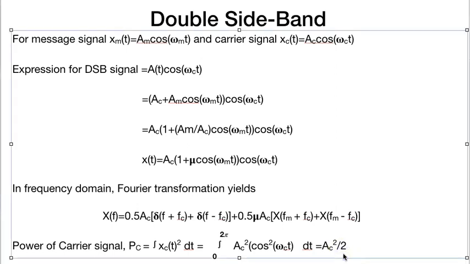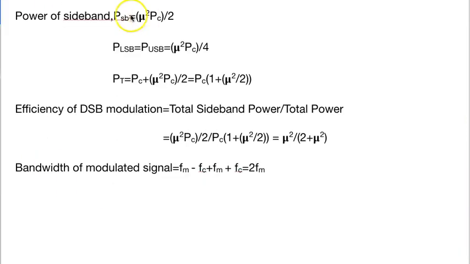Though I have told you all the steps, I think practicing integration will help you do better at GATE, because you need to solve questions within a time frame of 2 to 3 minutes. Such practice will increase your speed. So keep on practicing integration and differentiation so that you can calculate quickly in your GATE examination preparation. So the power of the sideband is mu square PC by 2.